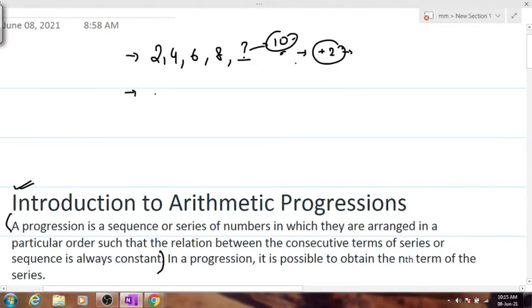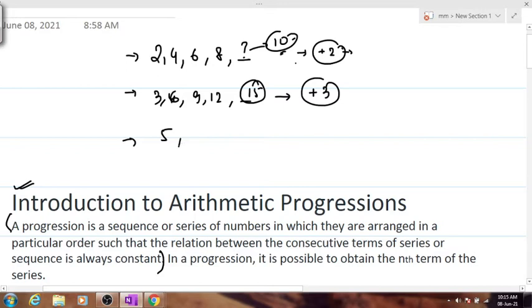Moving on to the next pattern, 3, 6, 9, 12. What will be the next number? 15. Over here is also following a particular pattern. What is the pattern? Plus 3. Now if I write 5, 6, 8, 9, 10 and I ask you the next number, 11.